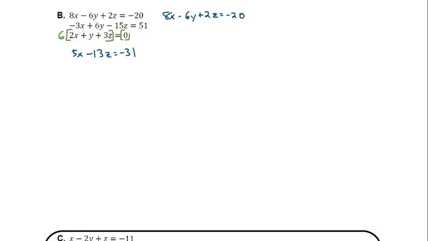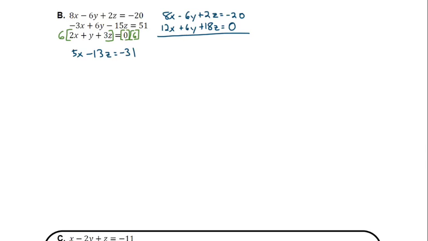I don't need to change the sign, I just need to change the number. The signs are already opposite, so we're good. So distribute all the way across. 2 times 6 is 12, so that's 12x. 6 times 1 is 6, so that's +6y. 6 times 3 is 18, so that's +18z. And 6 times 0, well, that's still 0. The only number that doesn't change.